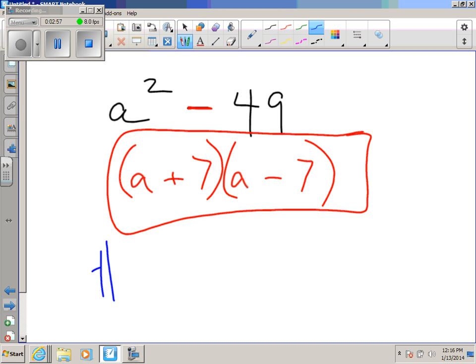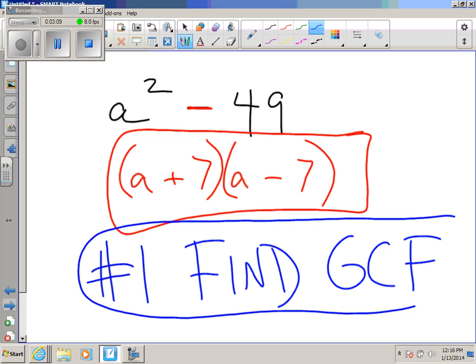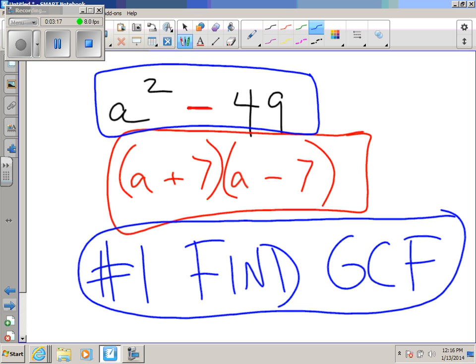There is a rule numero uno for all of these, all of these going forward. Find the GCF. Was there a GCF in a squared minus 49?